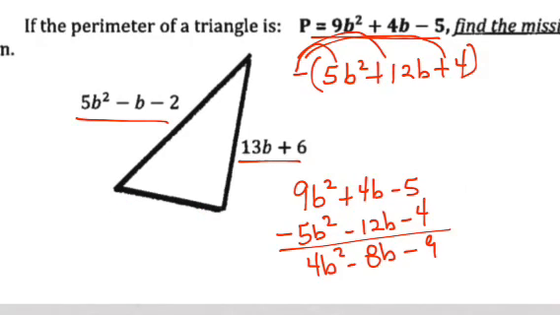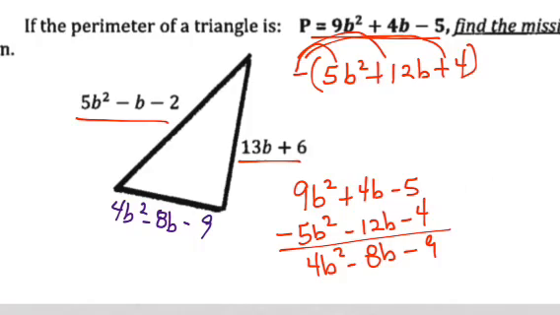So that tells us that this third side then is 4b squared minus 8b minus 9.